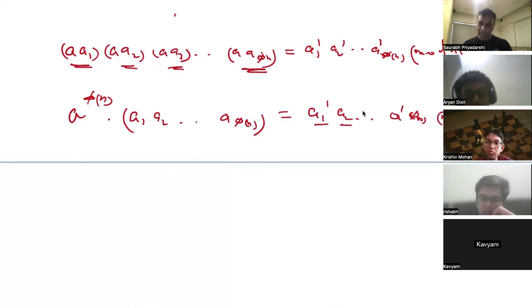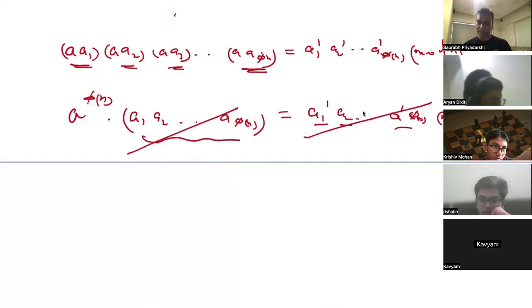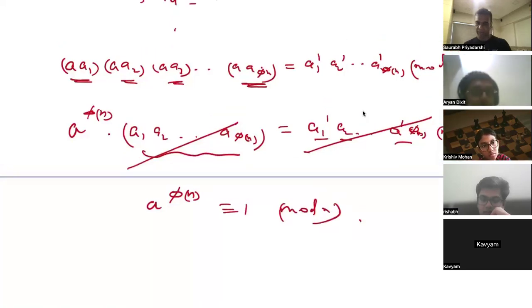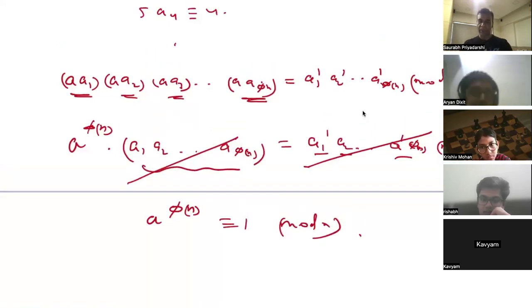But these are the same numbers, not necessarily in the same order, so I can cancel this out. So from this I can say a to the power phi n is congruent to 1 mod n. Okay. It's okay.